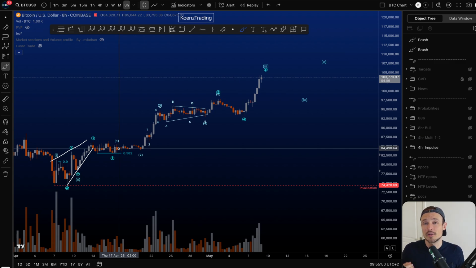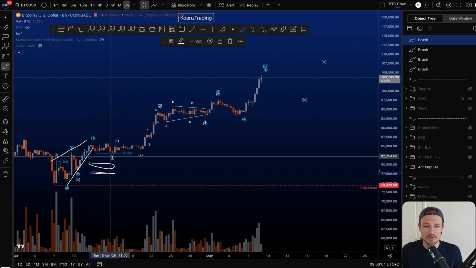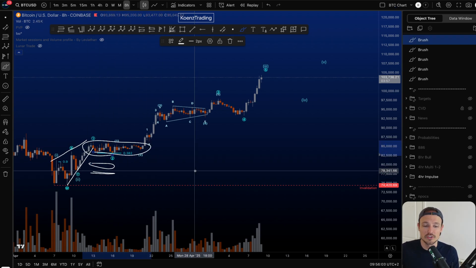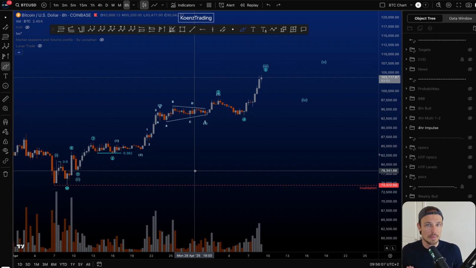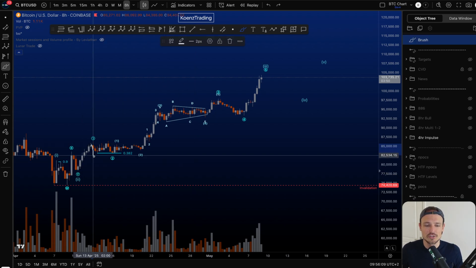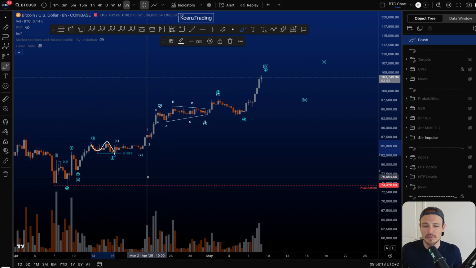An ending diagonal would be retraced completely, while a leading diagonal preferably retraces to a 0.786 or a golden pocket retracement area, which is somewhere over here, which clearly we did not reach. Also, after a diagonal, the most common retracement pattern is a zigzag, a sharp and quick move towards the downside. But instead, this structure over here is a sideways structure in a flat.